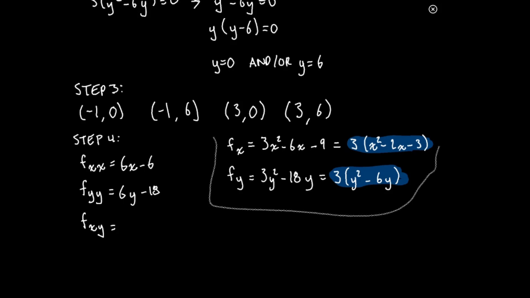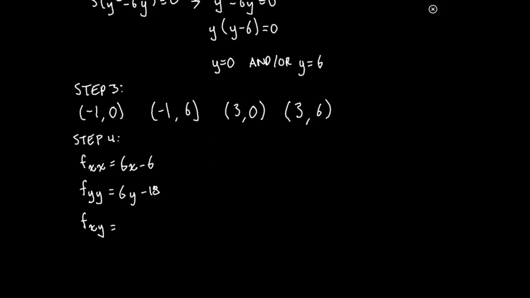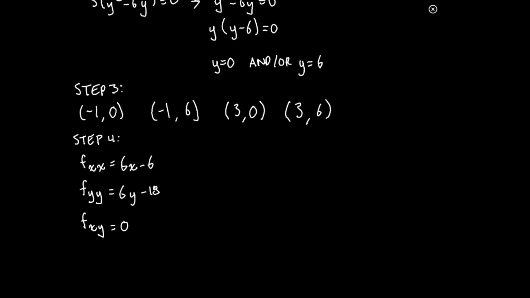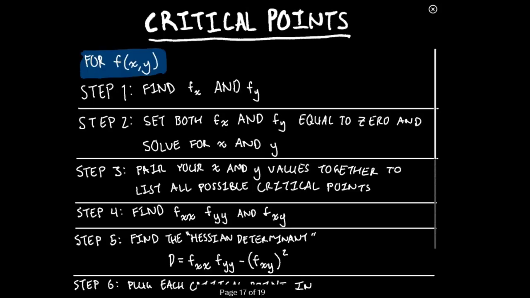Or actually, before we get rid of that completely, we need to do the partial derivative of this function here with respect to y. But since there are no y terms in here whatsoever, it's just a constant, and the derivative of a constant is 0. So let's put a 0 right there. All right, so we have all of our partial derivatives now. We can move on to step 5.